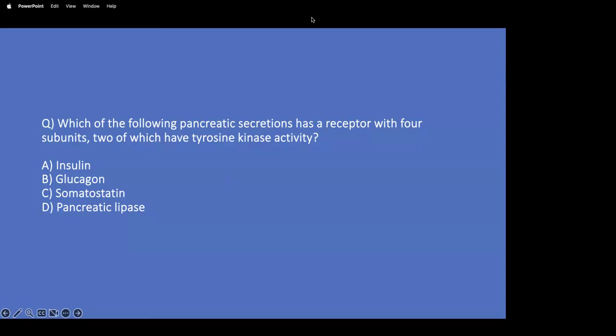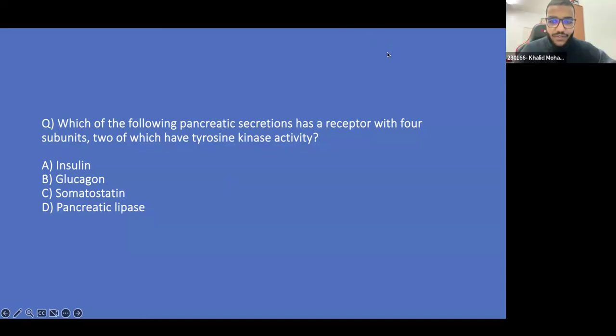A. Insulin. Yeah, fair enough. But what about glucagon? What's the receptor? Do you guys know? cAMP.